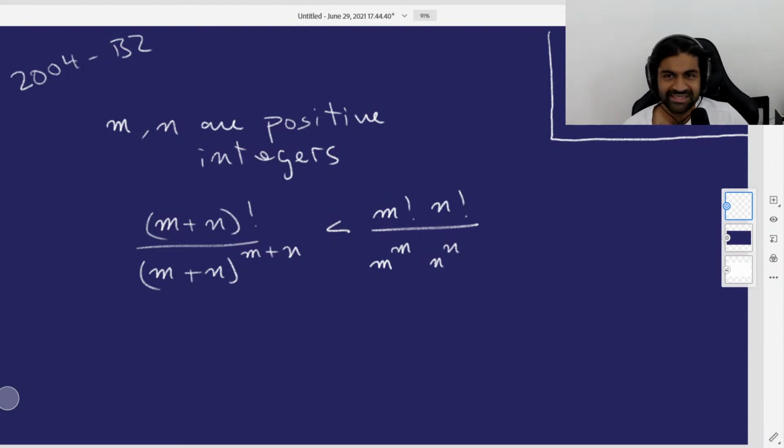So this is 2004 problem B2. So m and n are positive integers, and what you want to show is that (m+n)! over (m+n)^(m+n) is less than m! n! over m^m n^n. I understand, Tomato. Sorry, I missed your comment earlier.